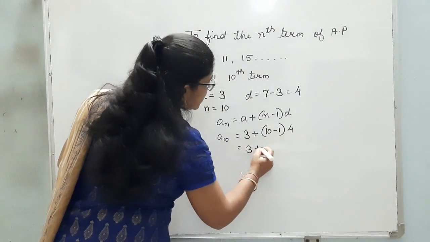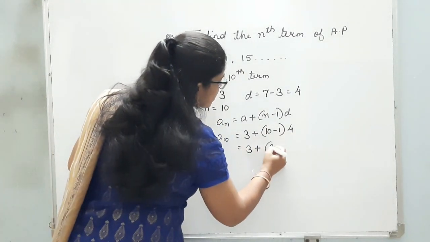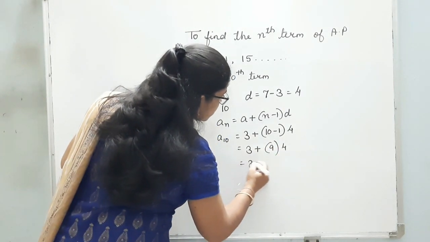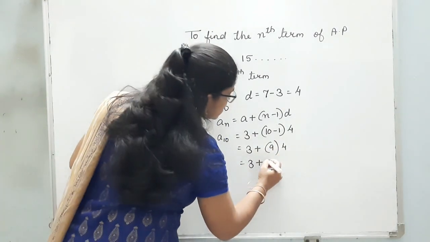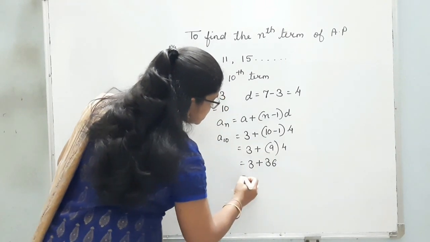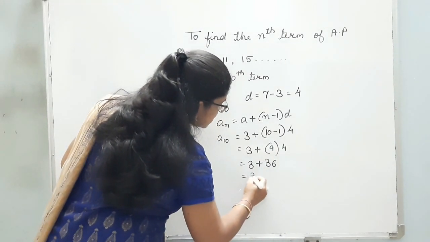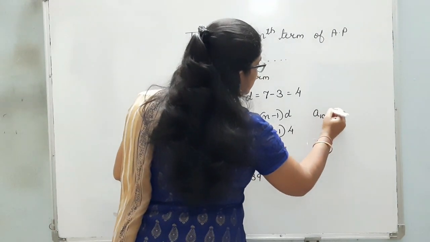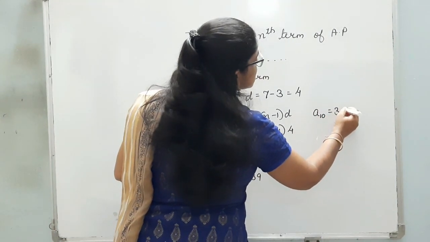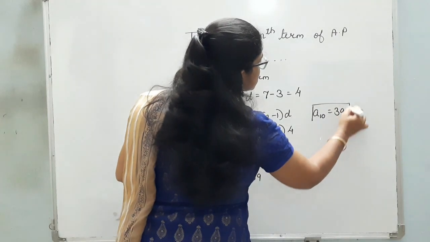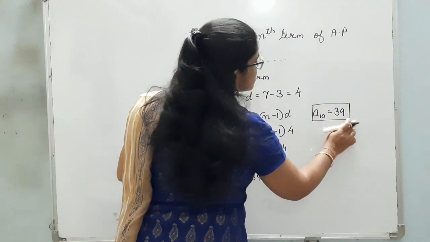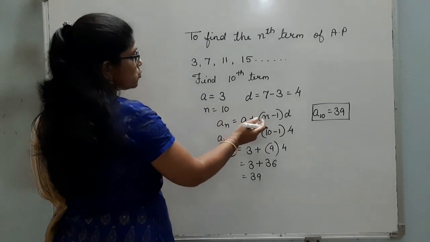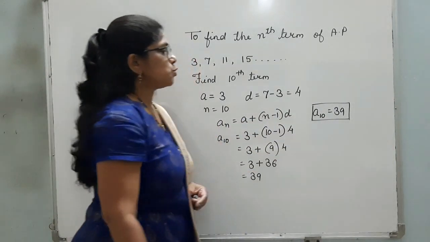So 3 plus 10 minus 1 is 9 into 4. 3 plus 9 4s are 36. 3 plus 36 is 39. So A10 is 39. So this is how we find nth term of AP using the formula AN is equal to A plus n minus 1 into D.